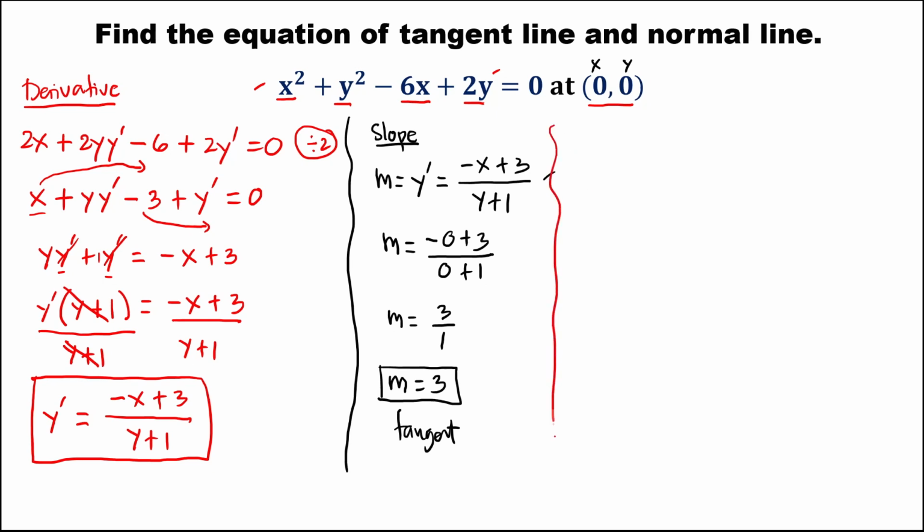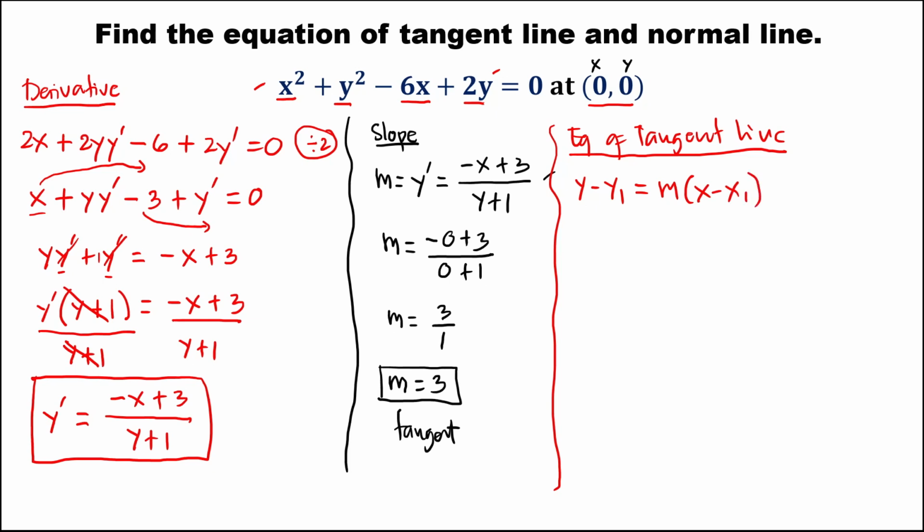Since we now have the slope of the tangent line, we can find the equation of the tangent line using the point-slope formula: y minus y sub 1 equals the slope times x minus x sub 1. Substitute the values. From the given coordinate, this is x sub 1 and this is y sub 1.